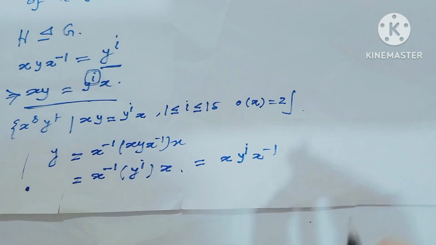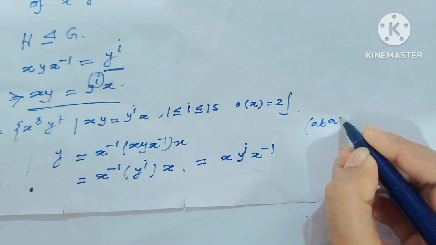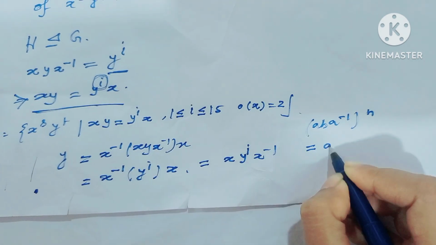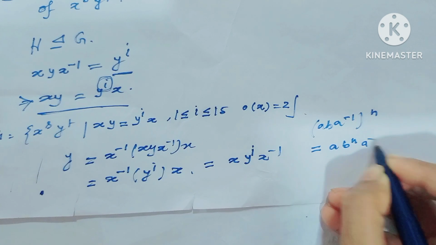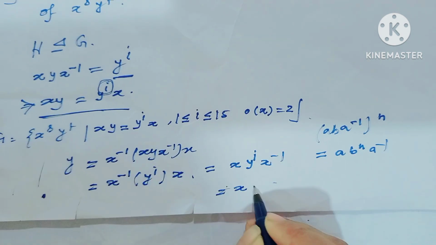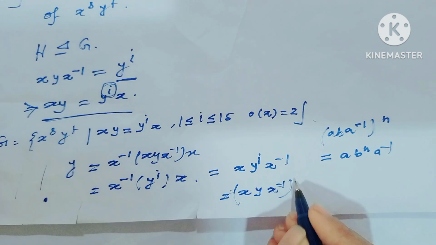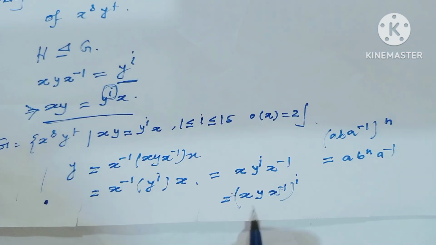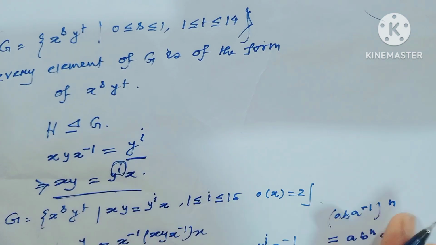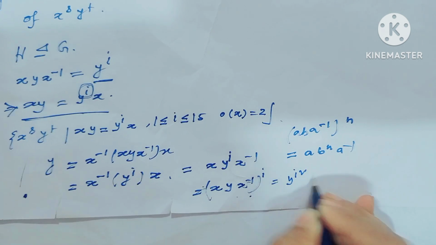We all know in isomorphism (aba^-1)^n is equal to a b^n a^-1. So from this we can write this as (xyx^-1)^i, and xyx^-1 means actually y^i. So this value would be y^(i^2).